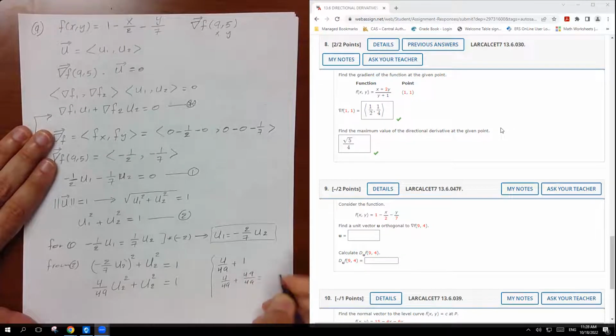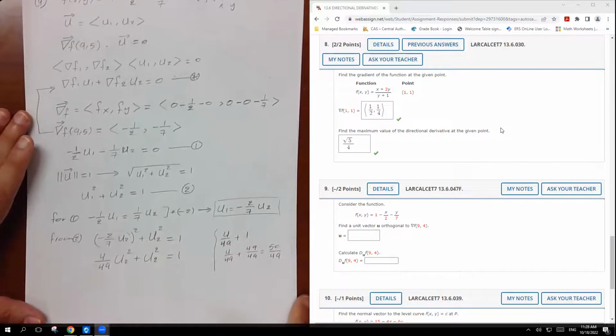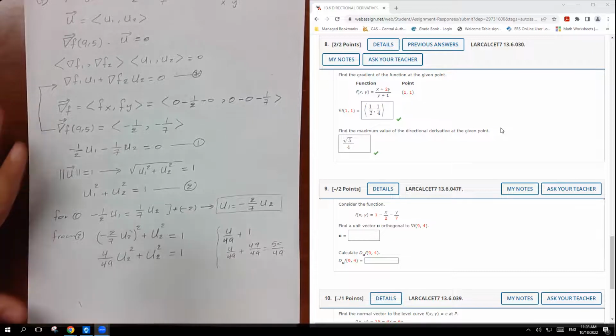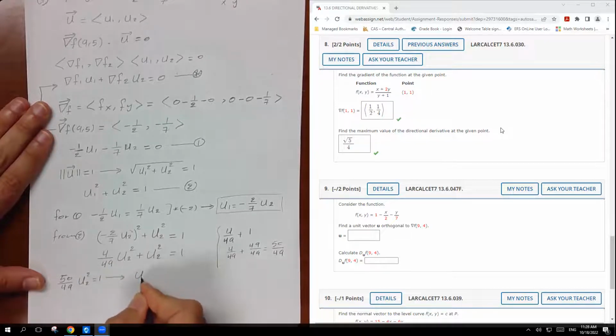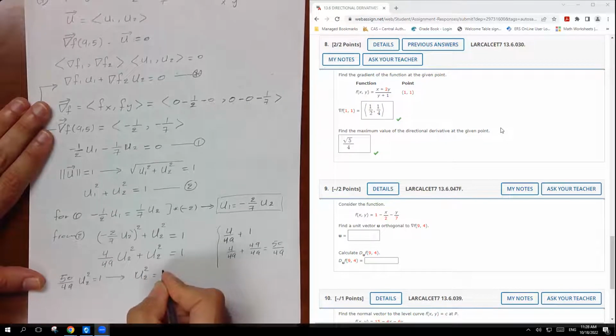Find the common denominator, so it's going to be 50 over 49 u2 squared equals 1. In this case, u2 squared is going to be multiplied by the reciprocal, which is 49 over 50.